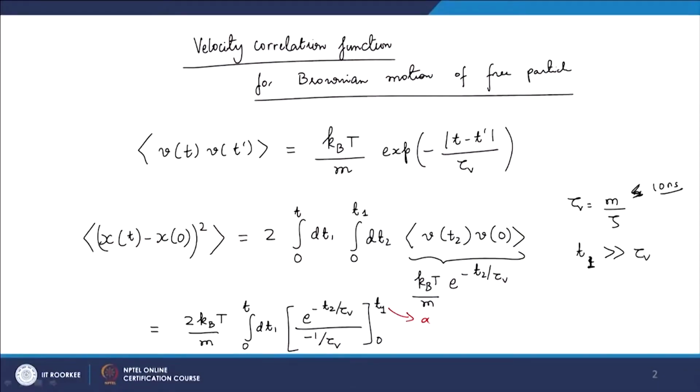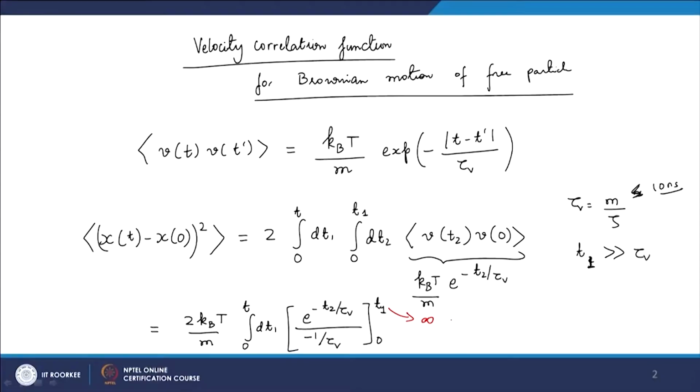As long as the time scale we want to study for diffusion is much higher than tau v, we can make this approximation and change the upper limit from T1 to infinity, because that would make a very small numerical error and would be a great simplification in what we do next.